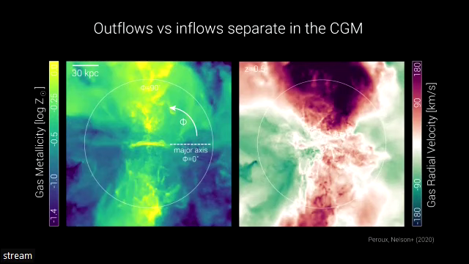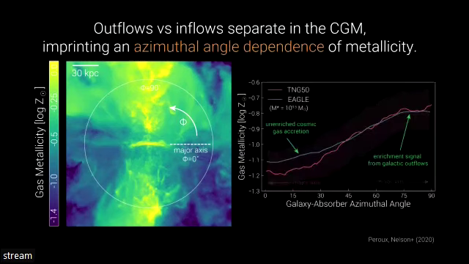And imagine you trace your finger around this circle, right, along an angle with respect to the disk. You can probably imagine that physical properties of the halo gas are quite different in different directions, right? In particular, the metallicity. So if you look at the metallicity along the major axis direction, it's the lowest. This is metallicity as a function of this angle. If you look at the metallicity on the minor axis, of course, it's the highest.